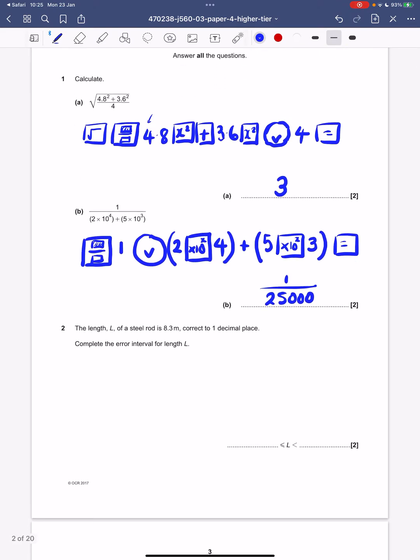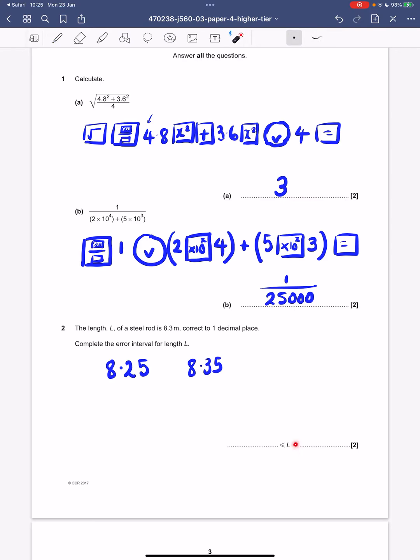Okay, so the length L of a steel rod is 8.3 metres, correct to 1 decimal place. Complete the error interval for length L. If it's been rounded to 1 decimal place, that means it could be from 8.25 to 8.35.